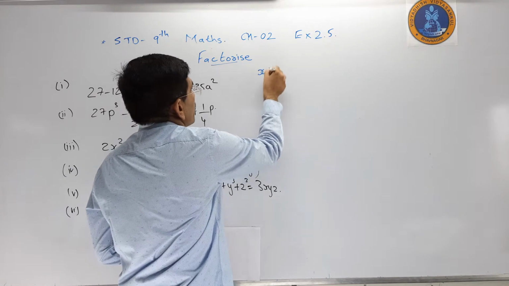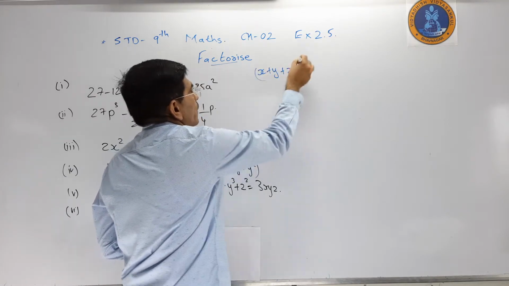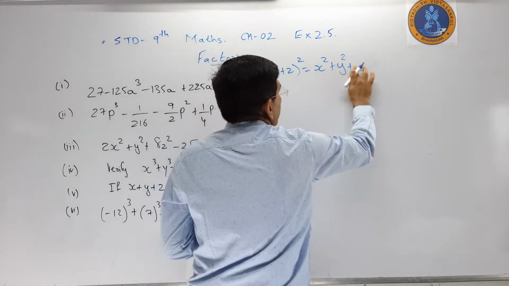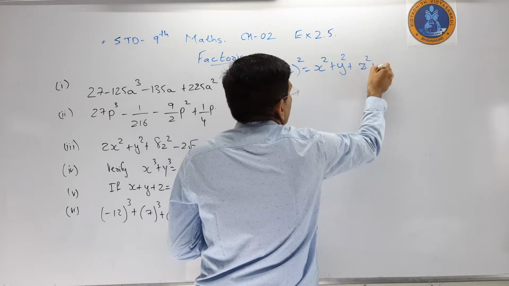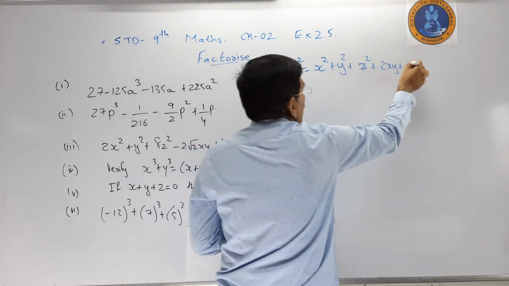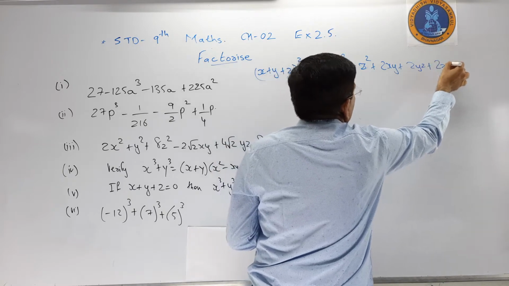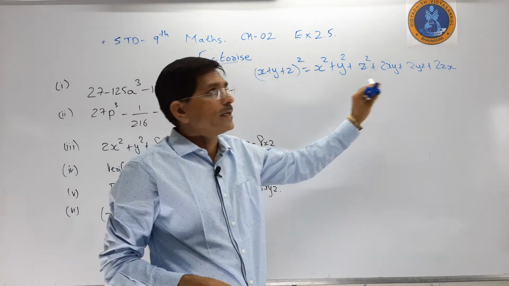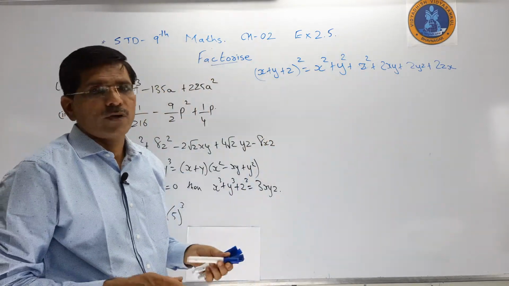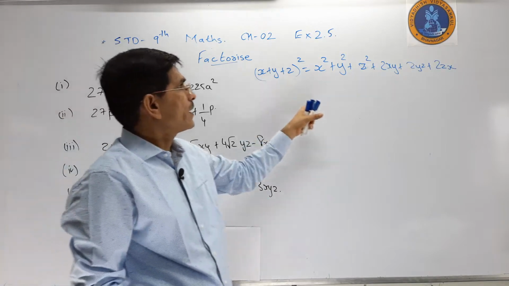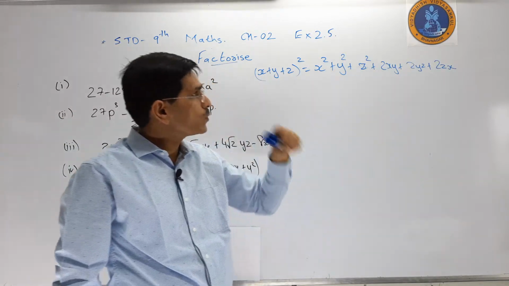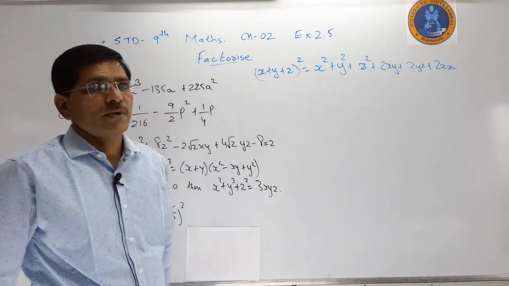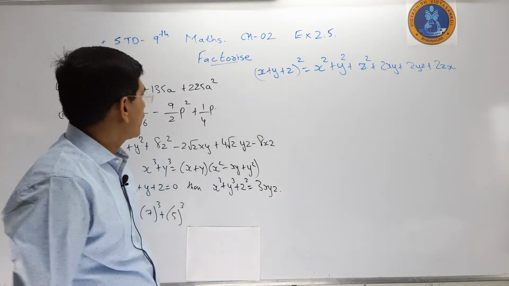So x plus y plus z whole to square is x square plus y square plus z square plus 2xy plus 2yz plus 2zx. If the question is in this form, then the answer must be x plus y plus z whole to square. Now we go from here.